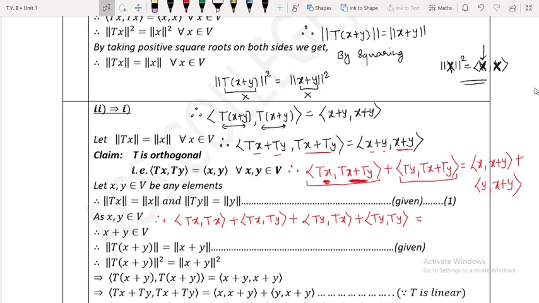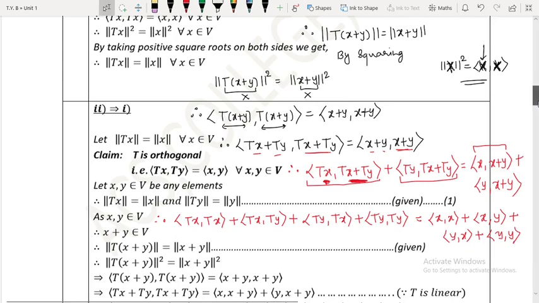Which is further equal to the inner product of x with x plus the inner product of x with y. These are the calculations for this term, plus the inner product of y with x plus the inner product of y with y, right? So these are the calculations for this term over here.